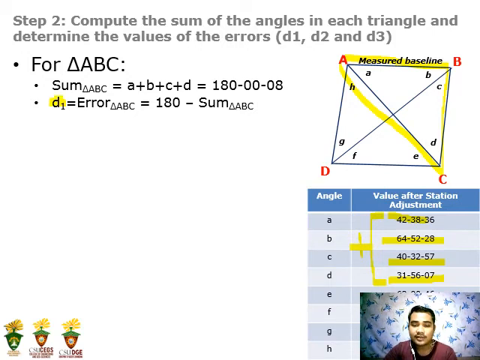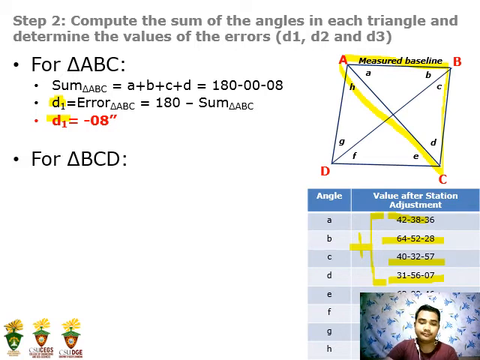D1 is equal to 180 minus the sum of the interior angles of triangle ABC. So we now have our error, D1, to be negative 8 seconds.